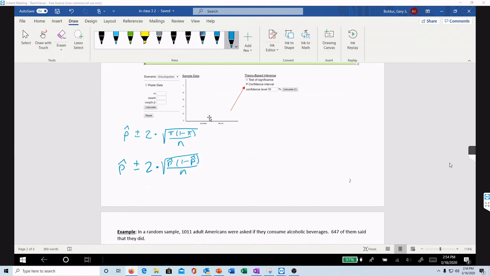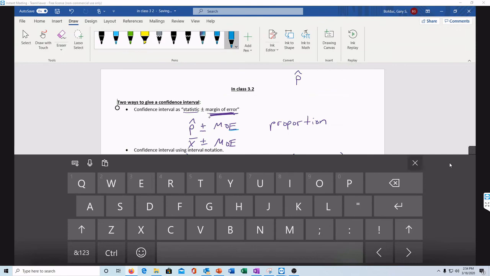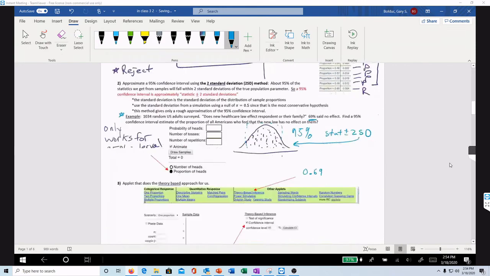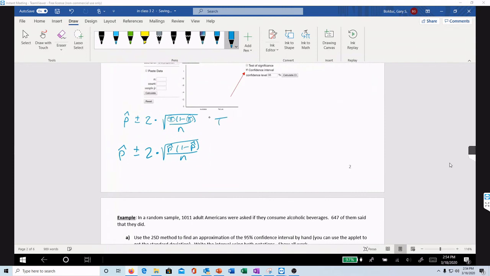If you have prior knowledge of what pi should be, like previous studies, you can use that number for your actual pi in here. If you don't know, or you want the most conservative thing you can get, and by conservative I mean you're building in as much of "I could be wrong" as possible, so your margin of error is as big as it can be, just to be on the safe side, what you can do is pick pi equals 0.5.